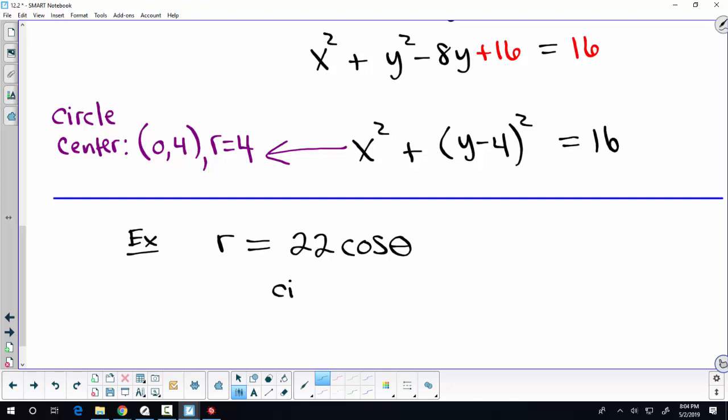This is a circle with radius 11, centered at 11, 0. And the formula would be what? X minus 11 squared plus y squared equals what? Yeah, x minus 11 squared plus y squared equals 121.